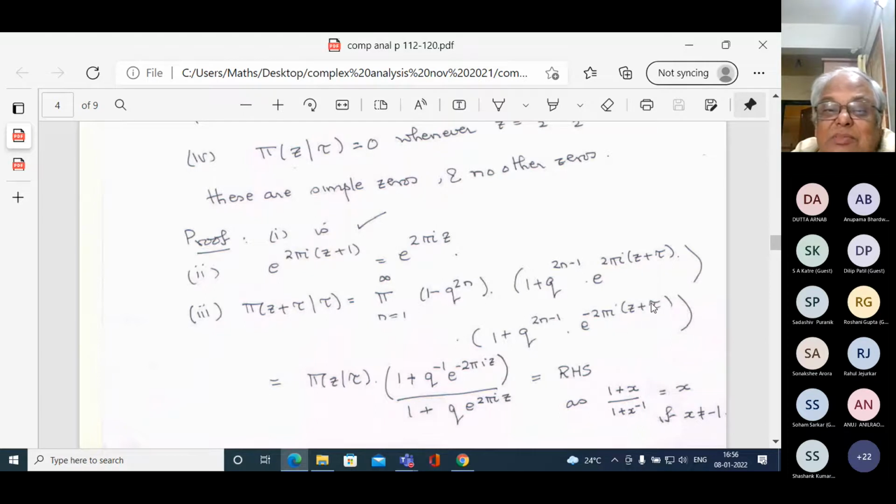The third factor changes by z plus tau. So you have e to the 2 pi i z. And what is the extra factor that is there? You should be able to convince yourself that this factor that I've written on the top line is equal to pi of z, tau.